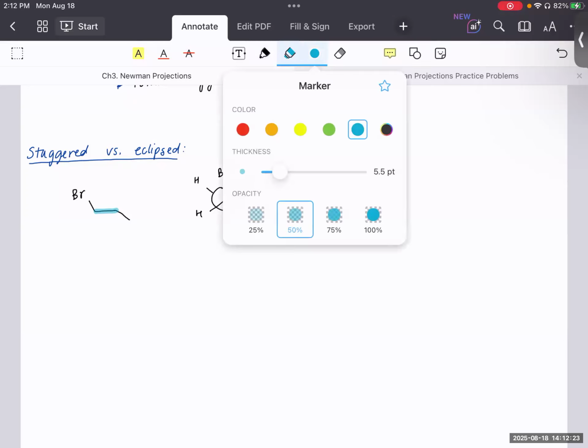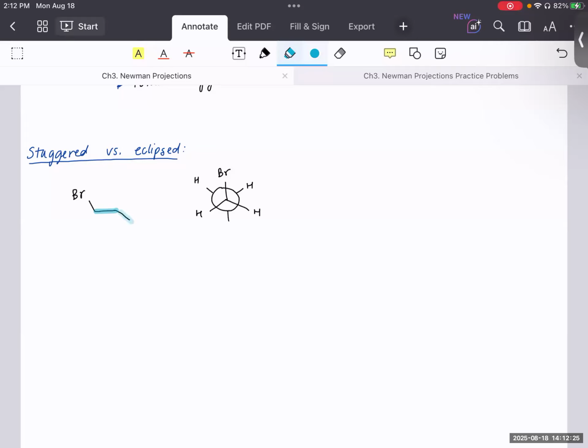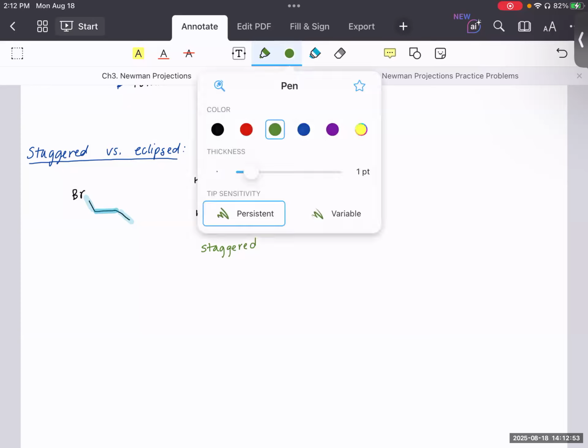Based off the previous video, we know that the bromine and the methyl groups are on opposite sides of that middle bond. We can also see that there's nothing eclipsed. There's no bonds that are directly overlaid with each other. And so this state is considered to be staggered, meaning that the groups are not directly overlaying with each other.